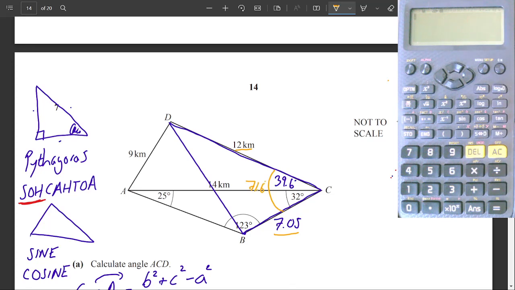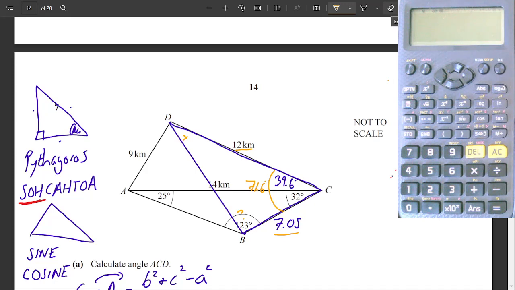So I've got two sides and one angle. Again, I don't have a side and its opposite angle. 12 kilometers, the opposite angle, I don't have that. It's not 123. 7.05, I don't have that angle there. And I don't have this side BD, which I need to calculate.